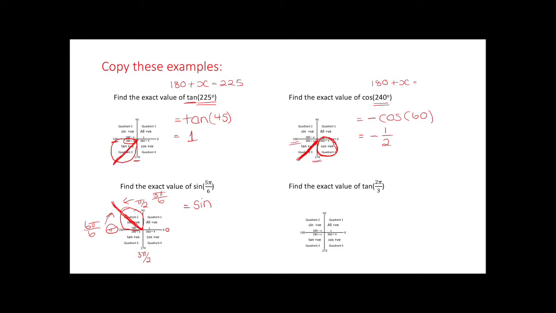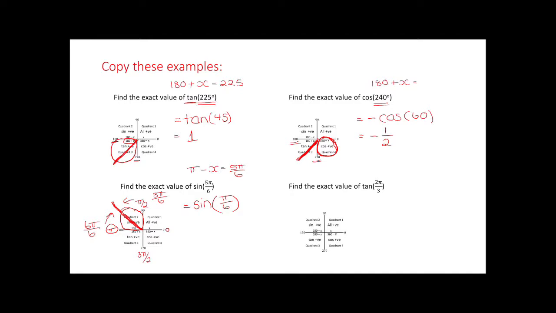So sine 5 pi over 6 is equivalent to sine of something, and we need to figure this something out. So in this quadrant here, we would do 180 degrees, but remember if we're working in radians, that would be pi. We would take something away from it, and it would give us 5 pi over 6. So by the time you rearrange that and work your way through it, we're actually using pi over 6.